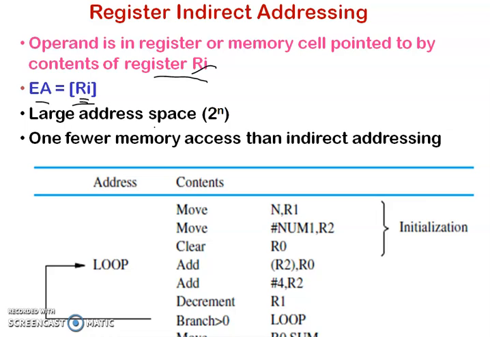So a large address space like 2 raised to n is required. Only fewer memory accesses are needed than with indirect addressing. Since here we are making use of register addressing, when compared to indirect addressing, it requires only fewer memory accesses.